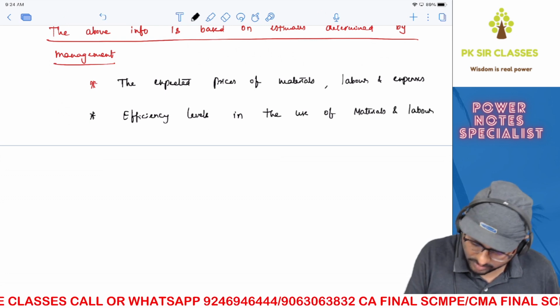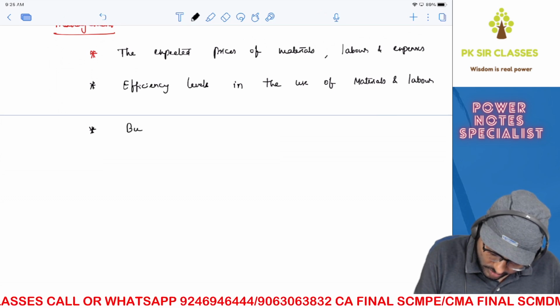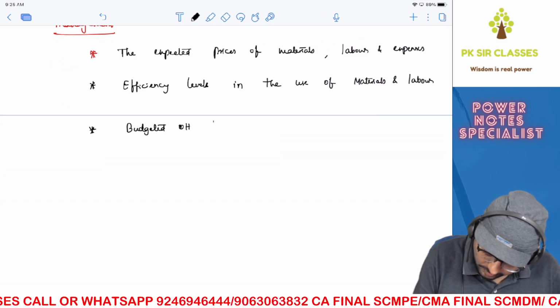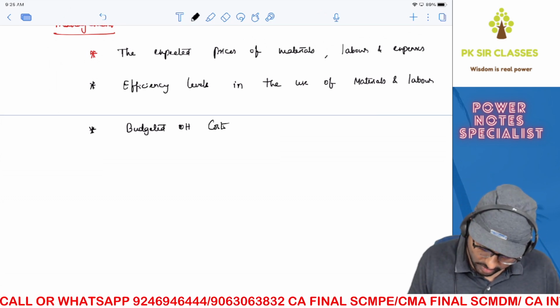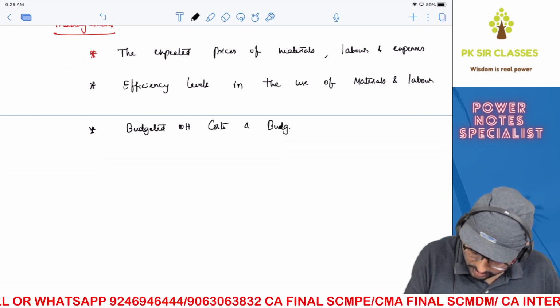Budgeted overhead cost, that's also an estimate, right? Based on that only, they'll take the fixed overhead cost per unit. And budgeted volume of activity.